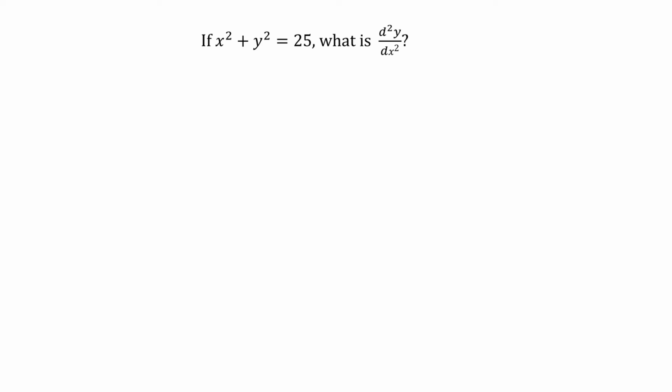It's just take the derivative of that. It's going to be 2x plus 2y dy dx, right? Equals 25. The derivative of 25 is 0.